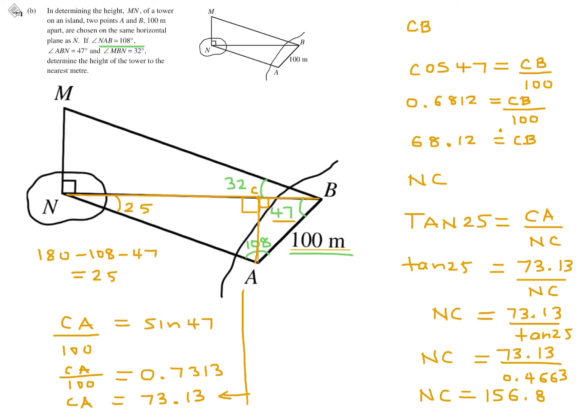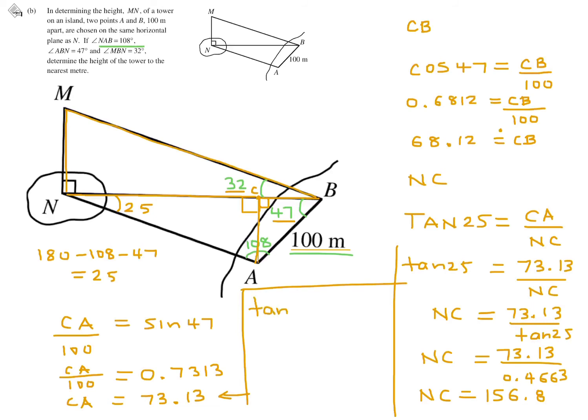All right, I think we have just one final step. We've got a lot here so far. Our one final step is MN, and we can use this big triangle in here to figure that out. Now pause the video for a second and try to figure out how you find MN. Well, we will use this angle, 32, and we can use tan again.